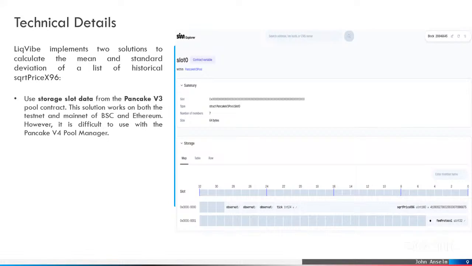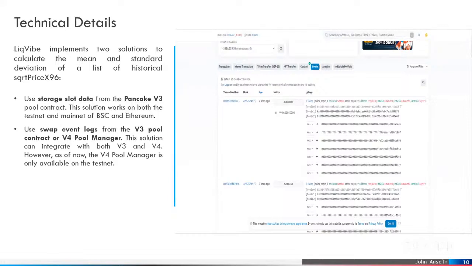However, it's difficult to use with the Pancake V4 pool manager. The second solution, we use swap event logs from the V3 pool contract or V4 pool manager. This solution can integrate with both V3 and V4. However, as of now, the V4 pool manager is only available on the testnet.